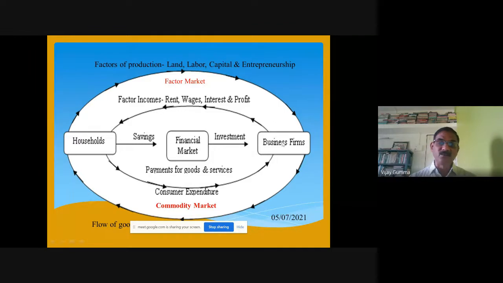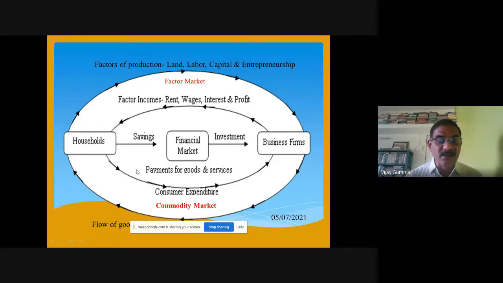Secondly, the inner circle of this diagram shows money flow. See, money income received by the household sector from the business firm sector in the form of rent, wages, interest, and profit gets back to the business firm sector in the form of prices of goods and services.